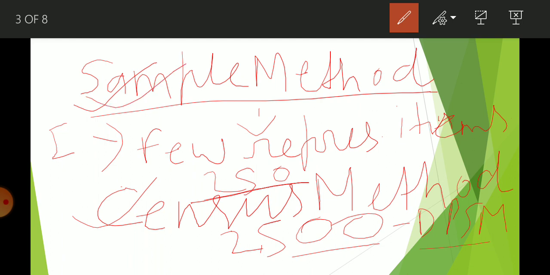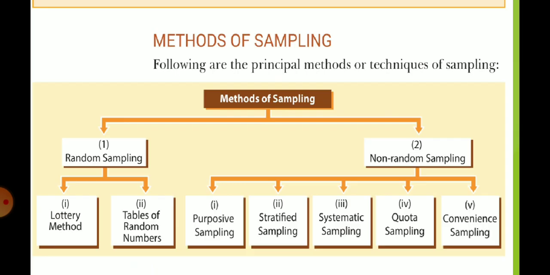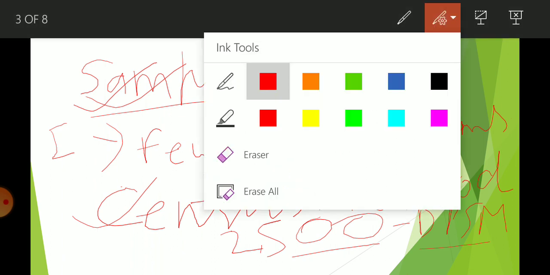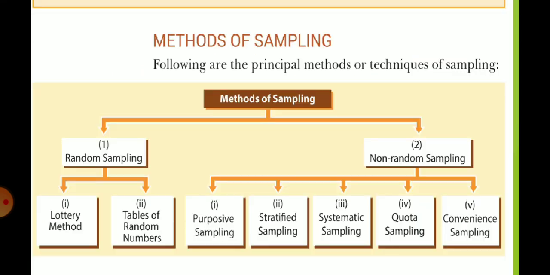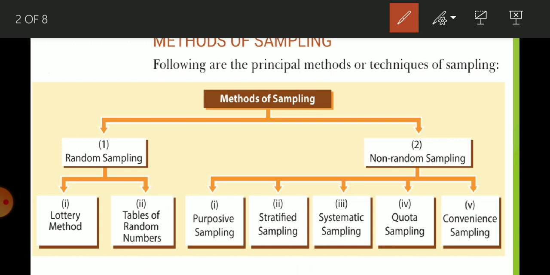Now today in this video we are going to discuss methods of sampling, meaning how an investigator selects 250 students from 2500 students, so that we can understand it.